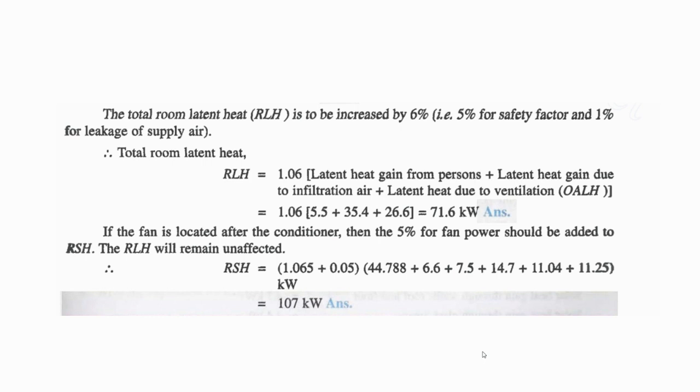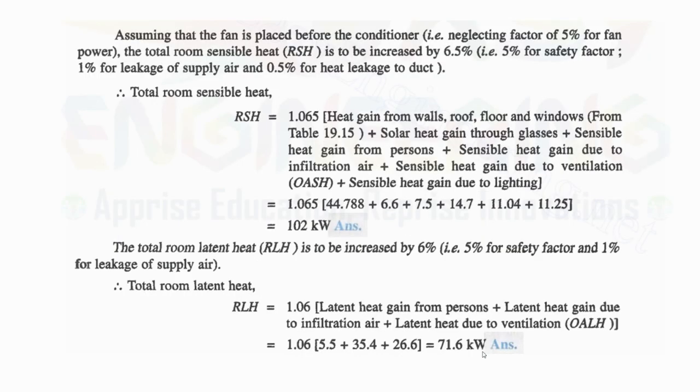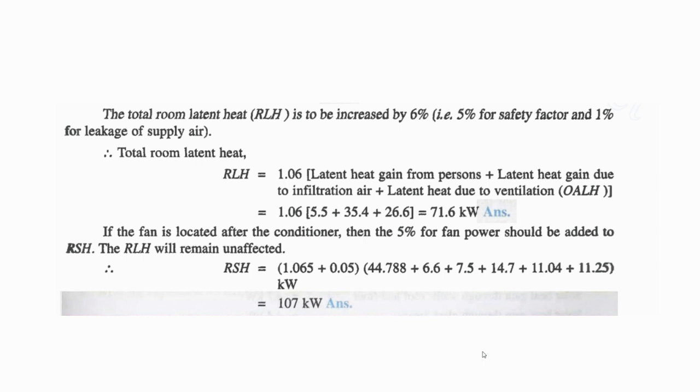So now we just have to add fan power if it is placed after the air conditioner. And here we have taken the case as the fan is before the air conditioner, so we have to neglect the fan percentage. So in this way we can calculate the total sensible heat gain and total latent heat gain in the room.